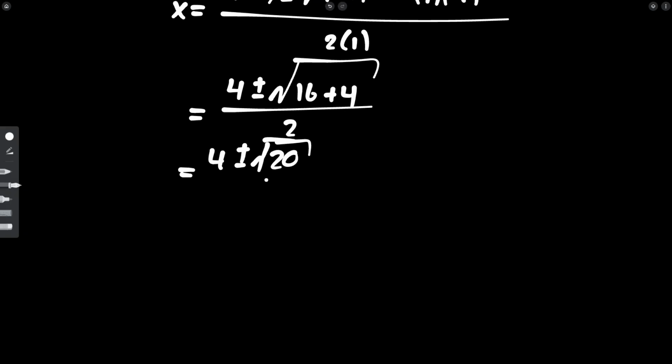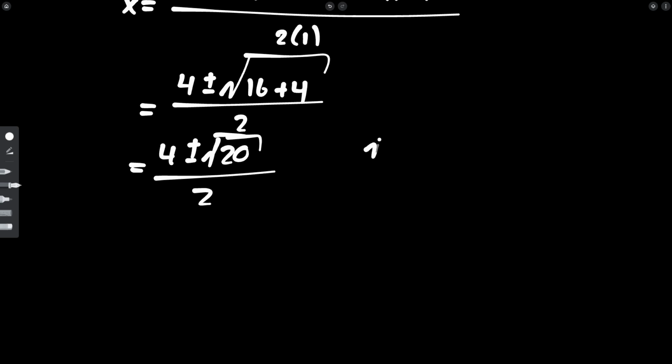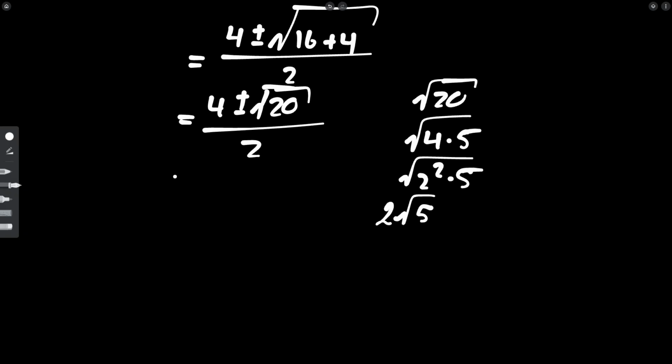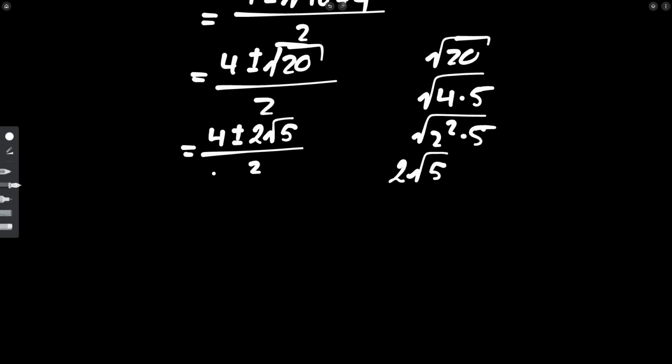This square root of 20 can be rewritten as the square root of 4 times 5, which can then be rewritten as 2 squared times 5, which can then be rewritten again as 2 root 5. So now we have 4 plus or minus 2 times the square root of 5, over 2. We can separate these terms for an easier division.